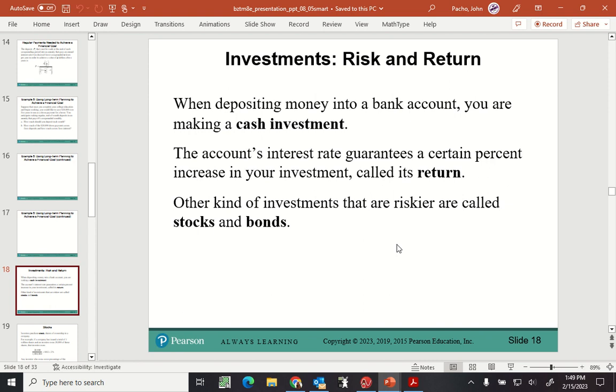The return is the amount of money I make on that. Does that make sense? If you are writing stuff down, this would be a cash investment. That's my deposits, the payments I'm making. The return is the interest I'm getting off my money.